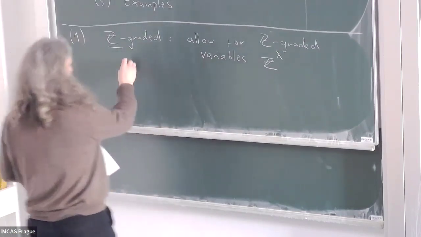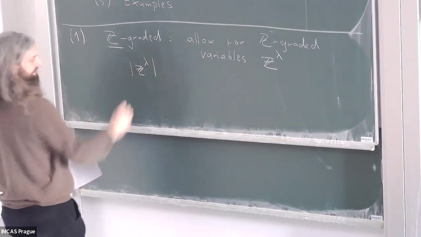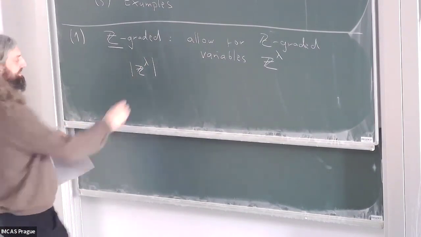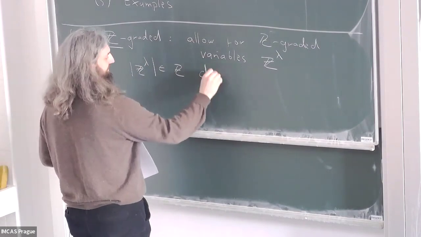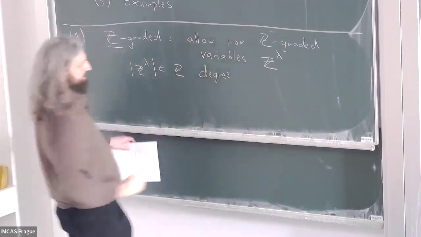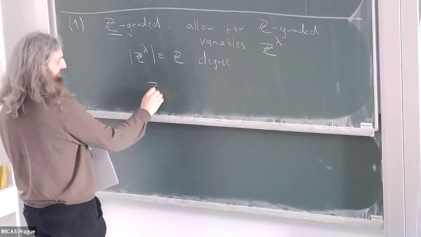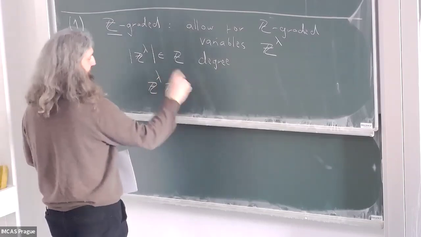What I mean is that each of those variables has some integer assigned to it, and this integer is called the degree of the variable. And the variables commute according to this degree.